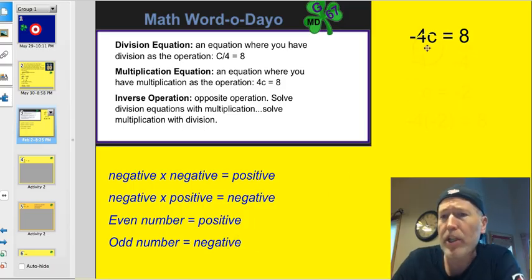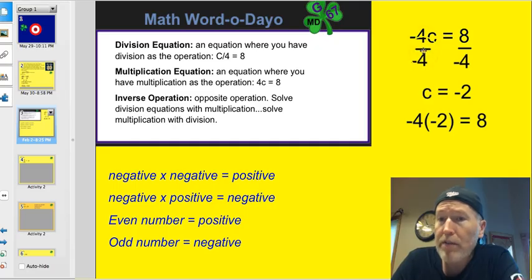All right, let's take a look at this one. Here's a negative multiplication equation. I have a -4 times c equals 8. I got to get this c. I have to isolate it, so I'm going to use the inverse operation. So I'm going to divide both sides by a -4. These -4s here will cross off, leaving me just c equaling -2.